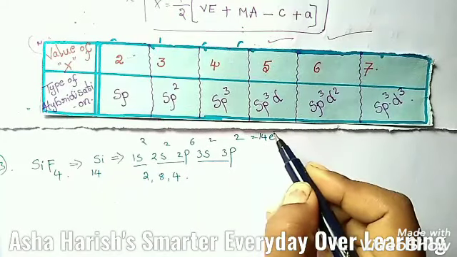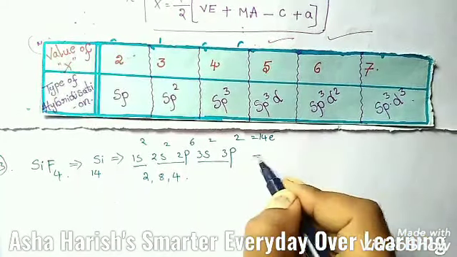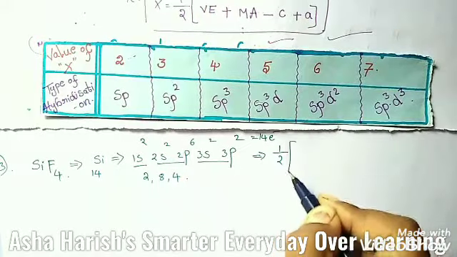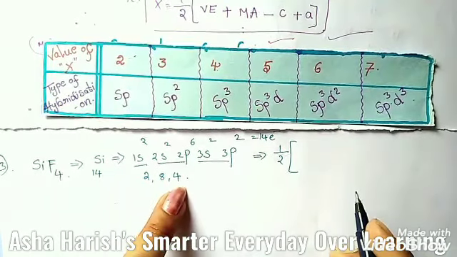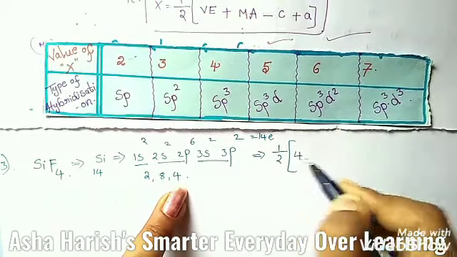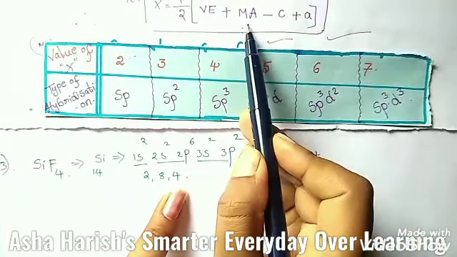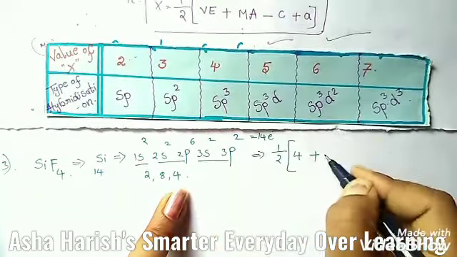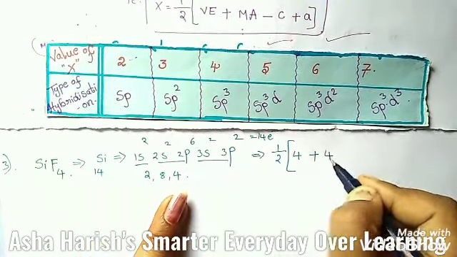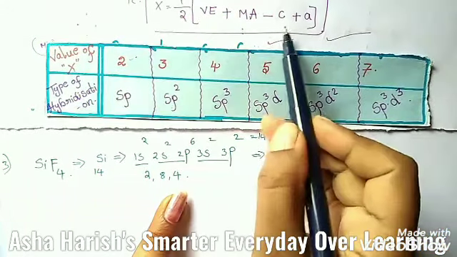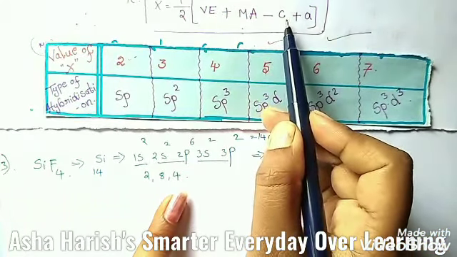X is nothing but finding the hybrid orbitals for this. X value, that is half into VE. VE is nothing but valency electrons. Here we can see 4 valency electrons plus monovalent atoms. Monovalent atoms are fluorine atoms here. 4 fluorine atoms are present, minus charge on the cation, that is in the place of C. There are no ions here, so you can take 0 for anion and cation also.